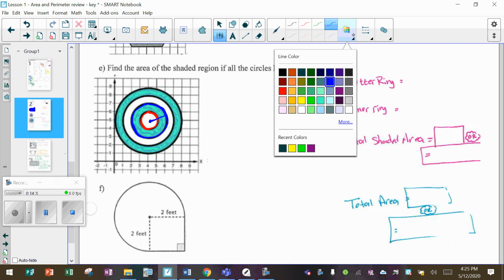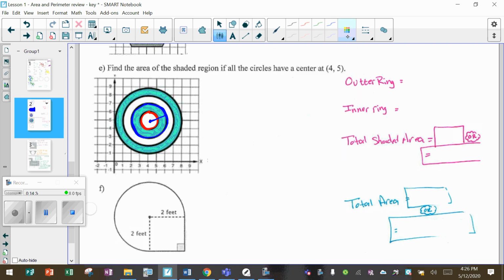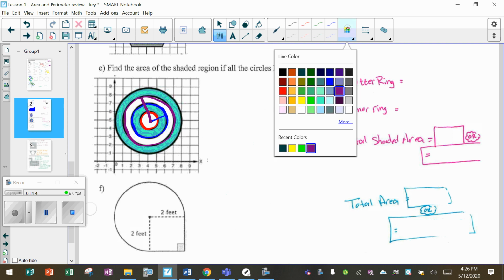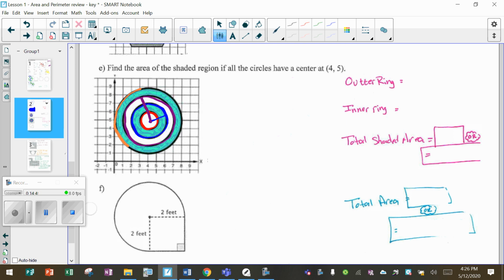Then I'm going to the next ring out, get the area of that circle from the center all the way out to that. And then I will get another area from the center all the way to the outer edge. So from the radius, from the center, get the radius all the way to the outer edge. So I will have the area of 4 circles when we're done. With the area of those 4 circles, we'll figure out the area of the rings in between them.